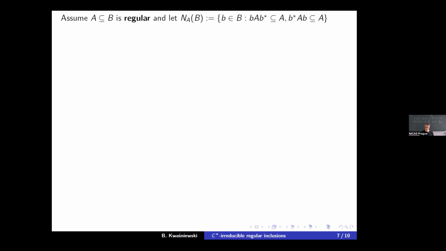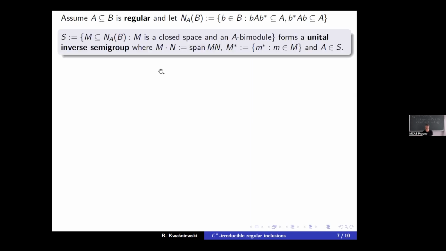Let's go back to these regular inclusions. Let us avoid the abstract blah; it is still abstract, but maybe less abstract. We have these normalizers, and regularity means that the normalizers span the algebra B. All the ideas behind this are in fact included in this remark here. Like I told you, non-commutative Cartan algebras are modeled by inverse semigroups.